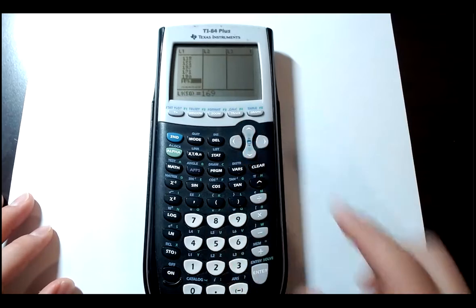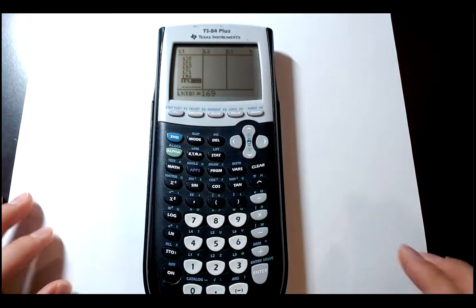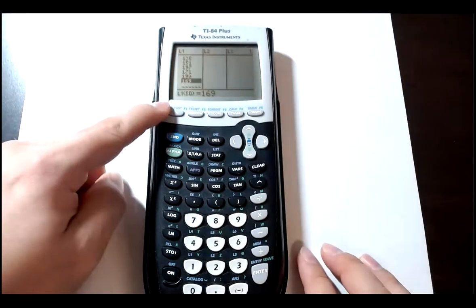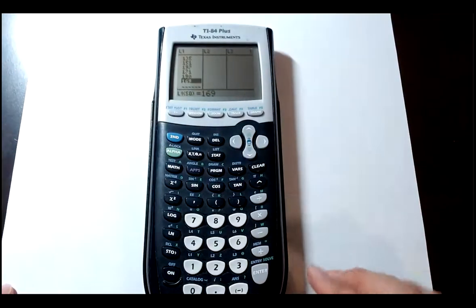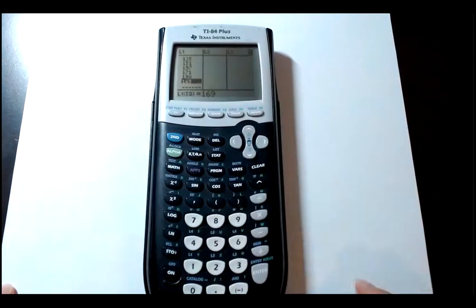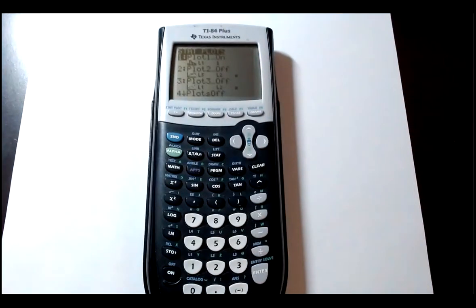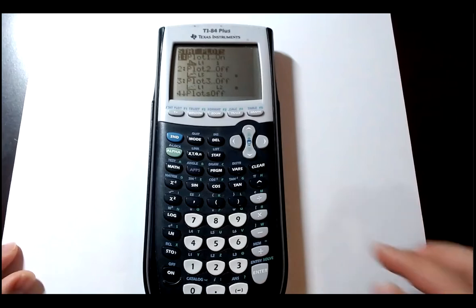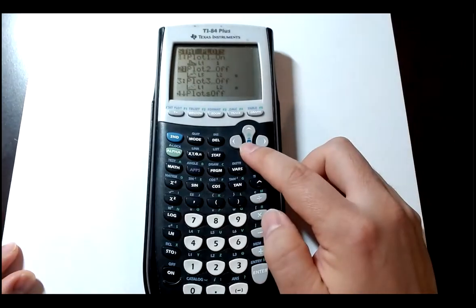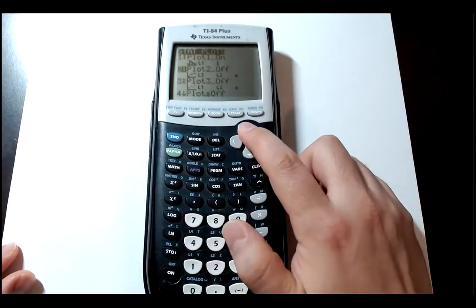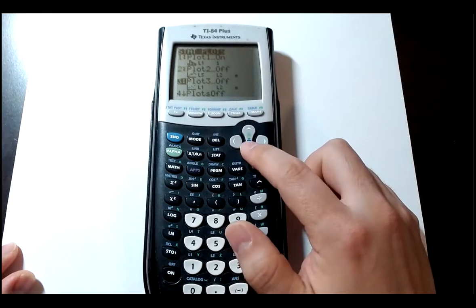And then we go to the stat plot. You see the stat plot right there. We press the second button and then press Y= to go to the stat plot. Here you have to make sure there are three plots, 1, 2, 3, and that Plot 2 and Plot 3 are off.